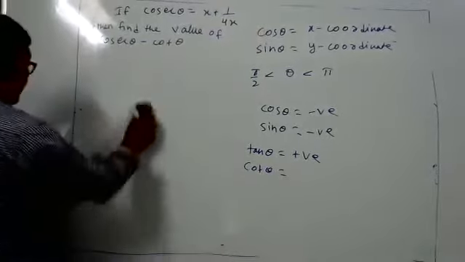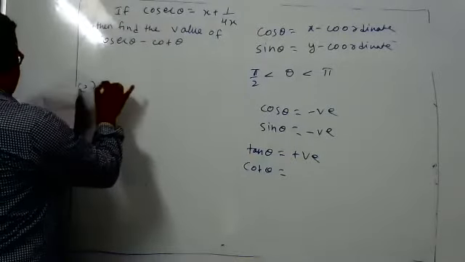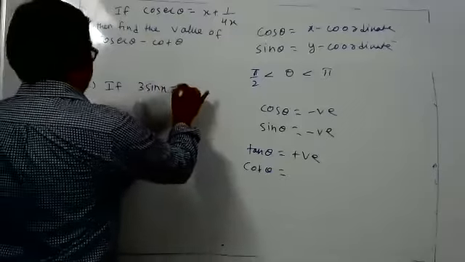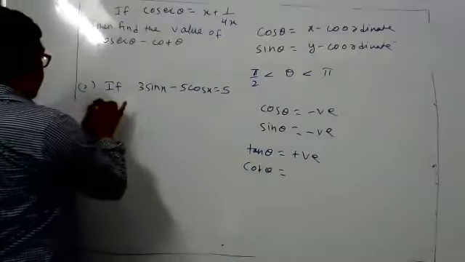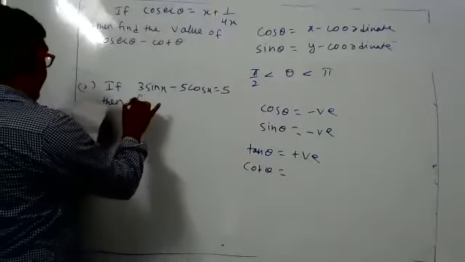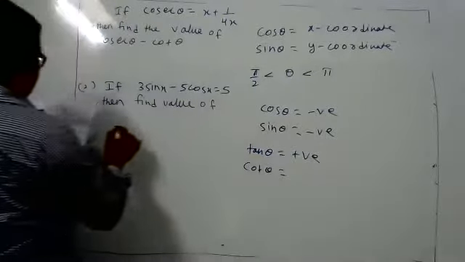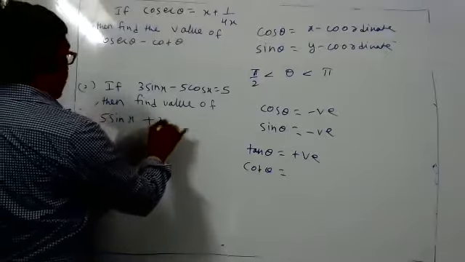I will give one more question. Second question: if 3 sin x minus 5 cos x is equal to 5, then find the value of 5 sin x plus 3 cos x.